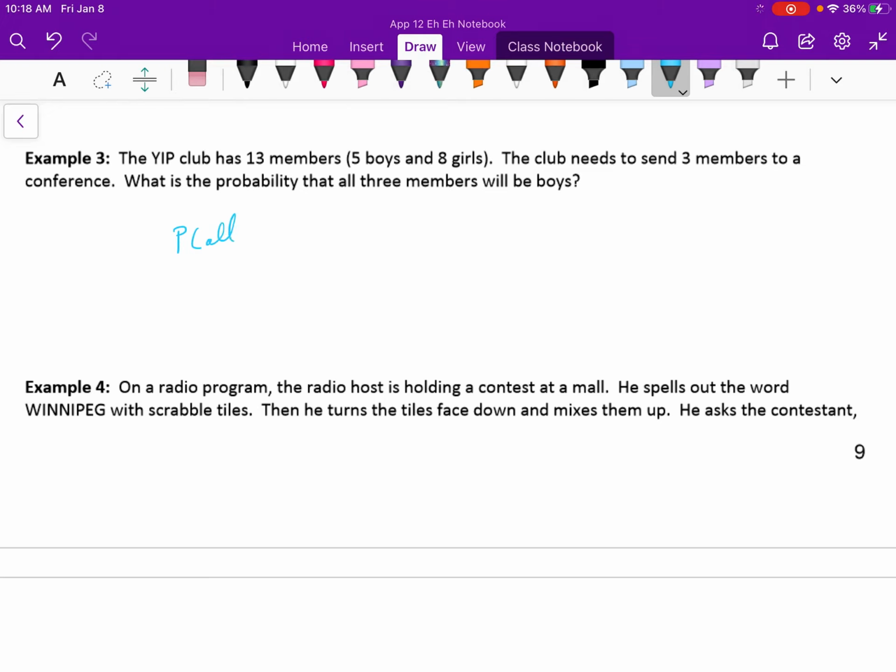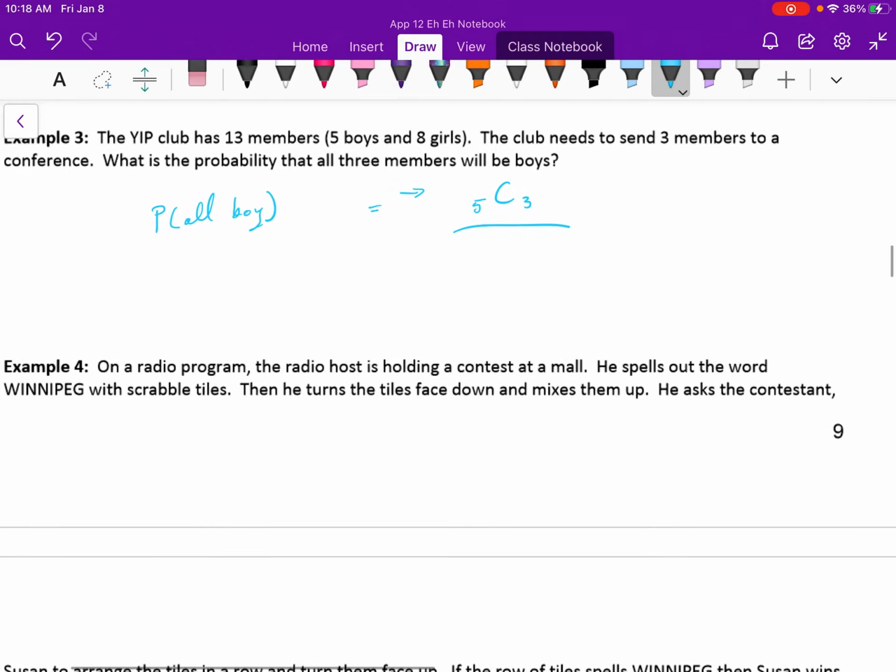So the probability of all boys, in the numerator, I need to count up the number of ways that I can send all boys. In other words, we're sending 3 members, but there's a total of 5 boys. I can ask myself, how many different ways are there to choose 3 boys from a group of 5?